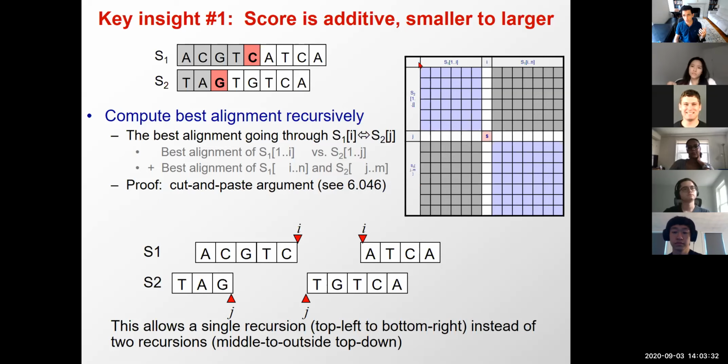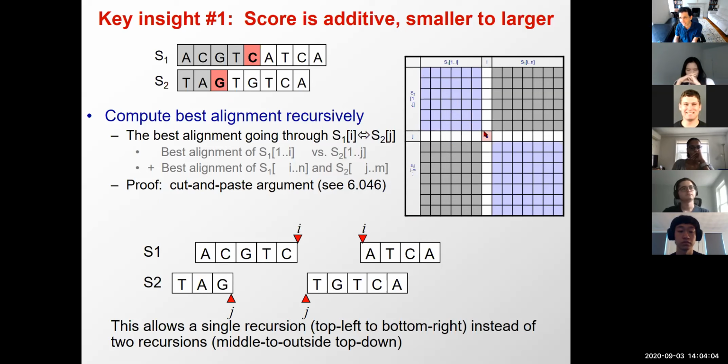So here I'm going to have all of the characters of one sequence, and this character here is the C, is the ith character of the first sequence, and I'm going to be aligning that to every character of the other sequence, and the jth character is going to be matching to the ith character, and that's going to be the G here. So what I'm going to be asking is, how ever did I get to that alignment of i with j from sequence 1 to sequence 2?